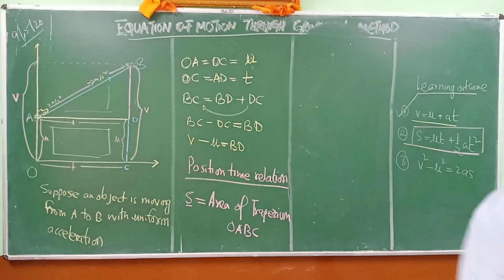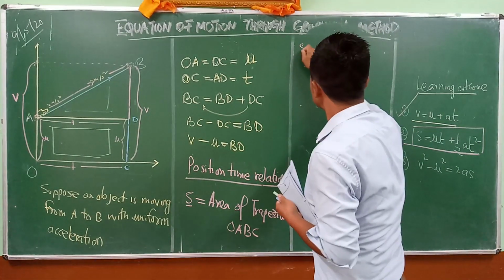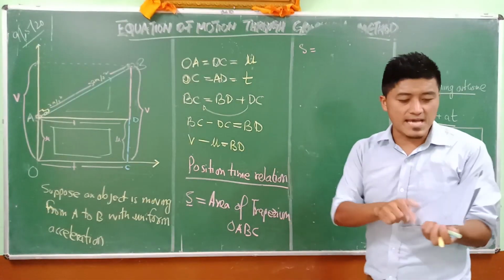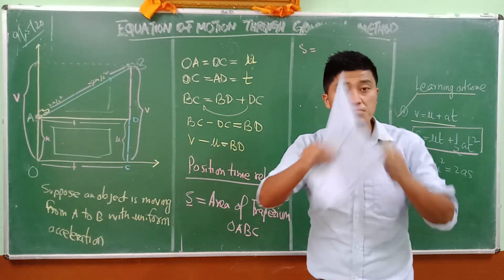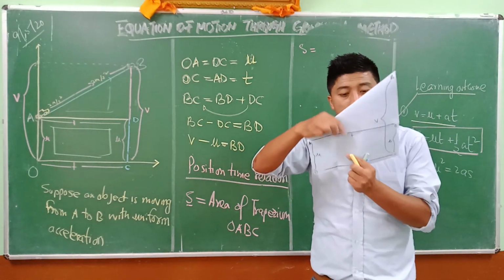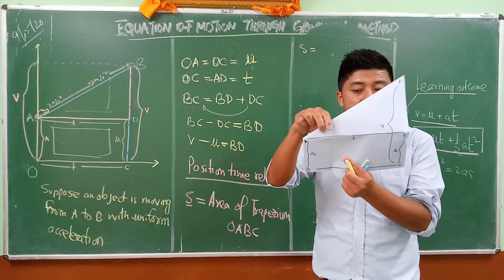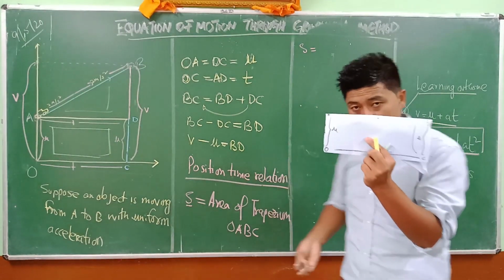Understand? So what I'm getting is S is equal to the area of trapezium OABC, as I said before. Now this trapezium, I'm going to break it into two parts. A rectangle, right?